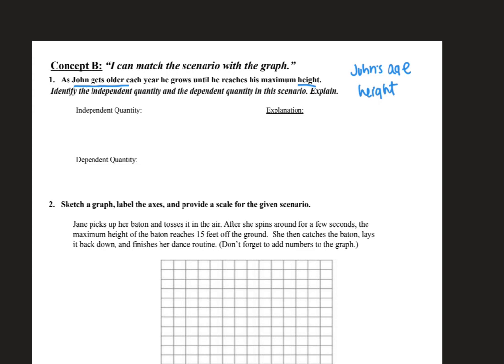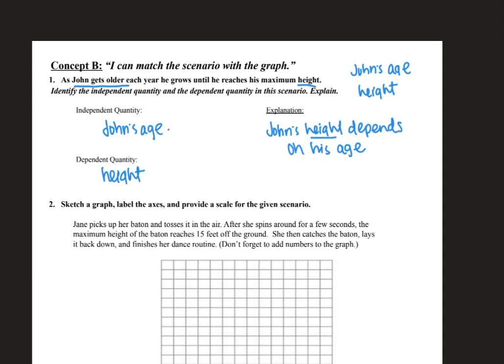Since that second one makes a little bit more sense, John's height depends on his age. That would mean John's height would be the dependent quantity, and that means his age is going to be the independent quantity.